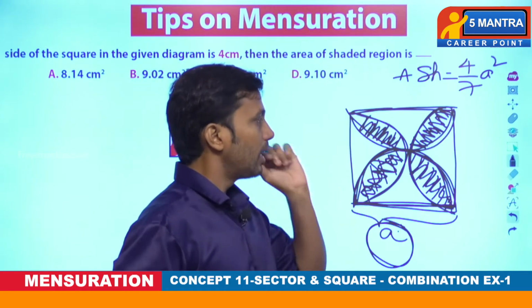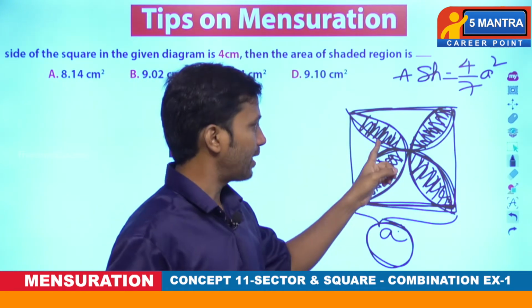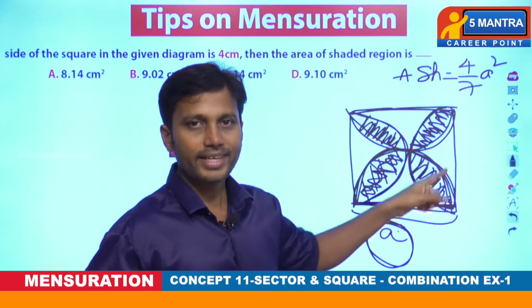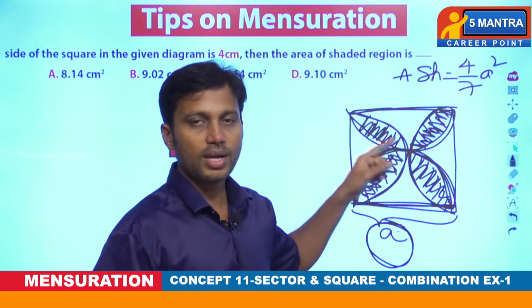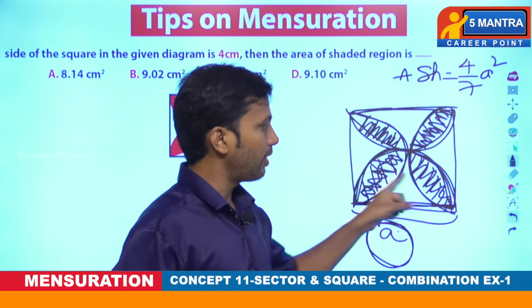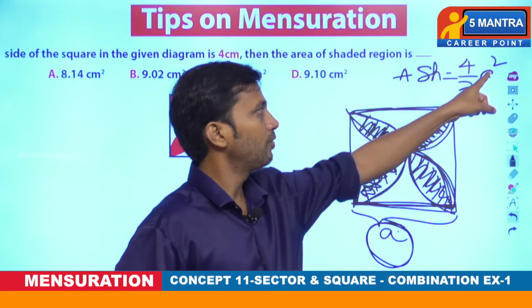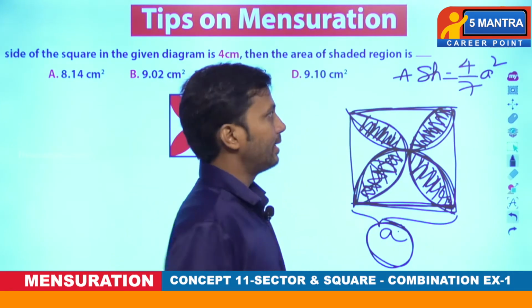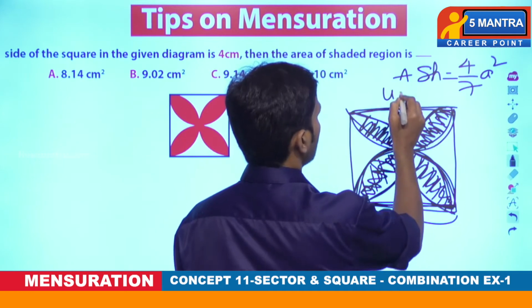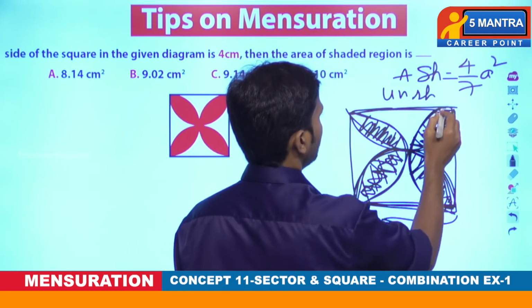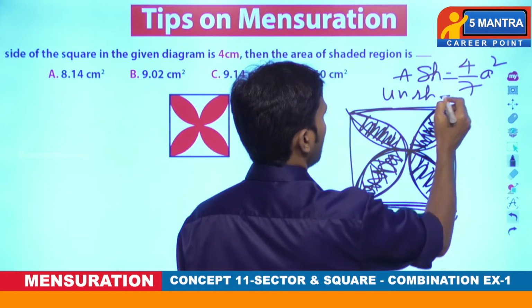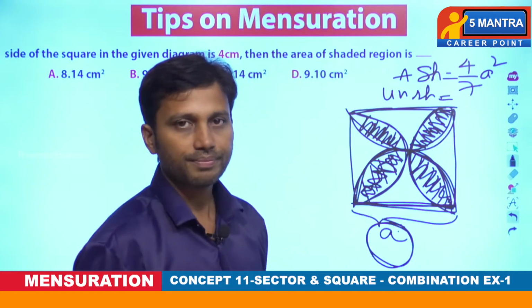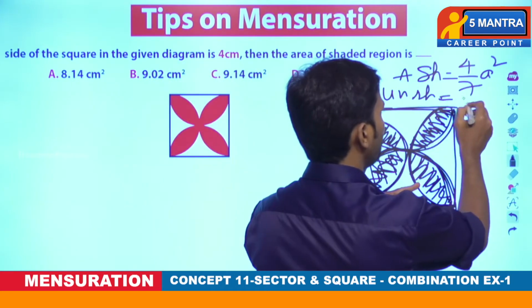Here it is looking like a flower pattern, or not? See, it looks like a flower. So I am telling you the area of this flower. This flower would be how much? 4 by 7 A square. And the unshaded region is equal to what? 3 by 7 A square.